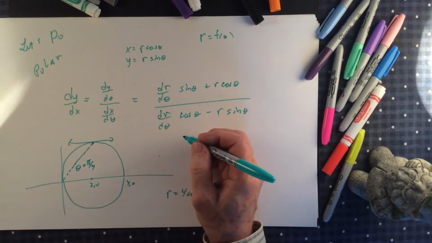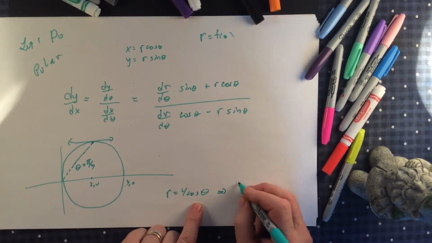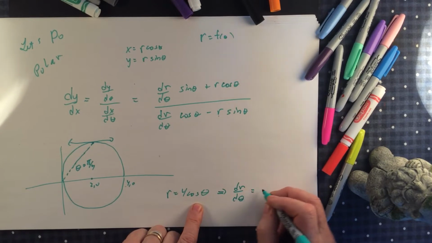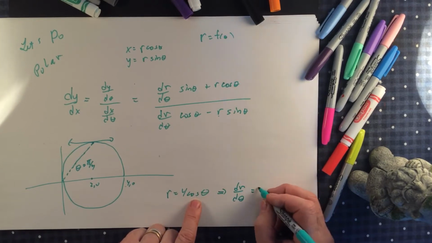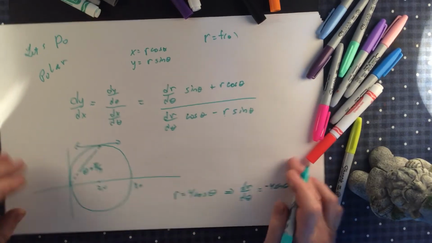Well, in order to do this, we need to calculate some values. So dr d theta, derivative of cosine is minus sine, so we get minus 4 sine theta. So that's what we're going to put in here.